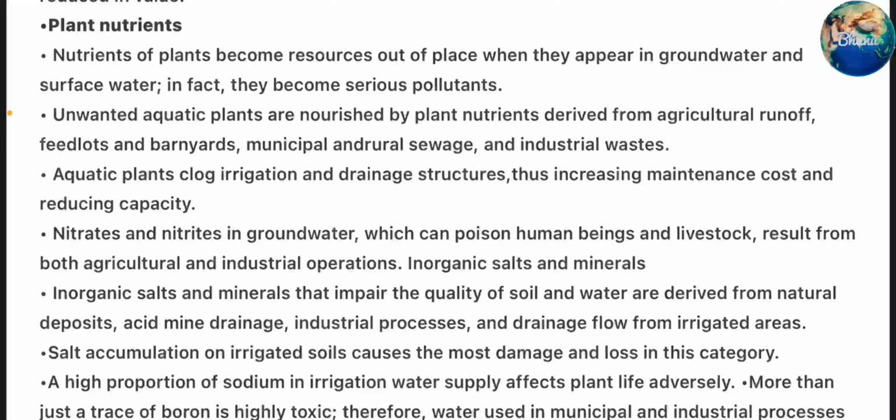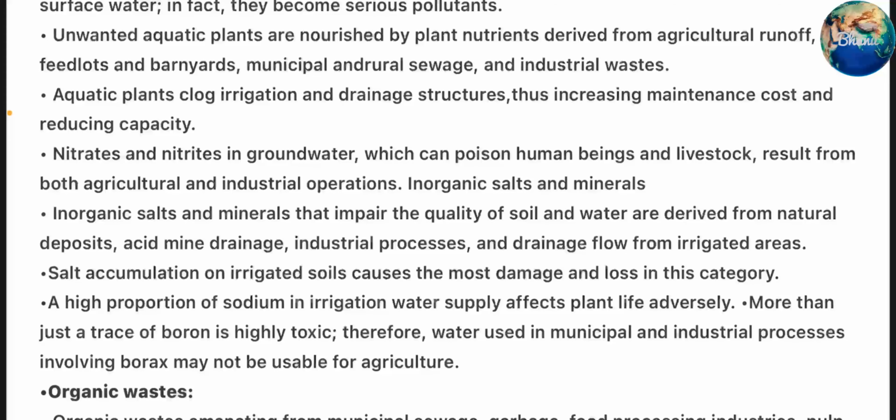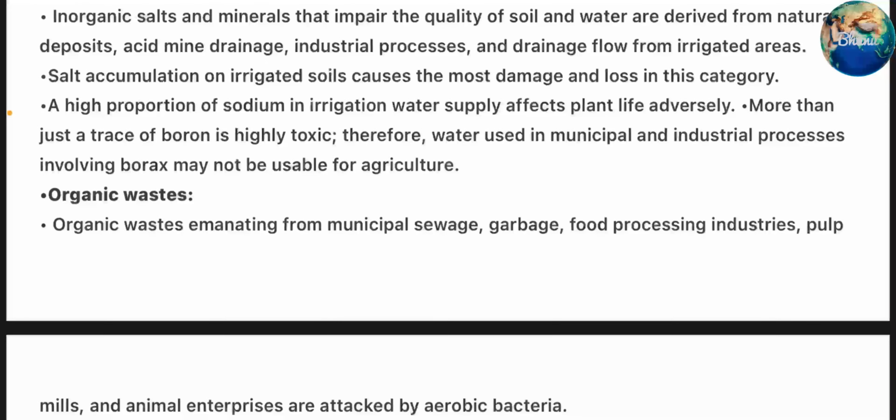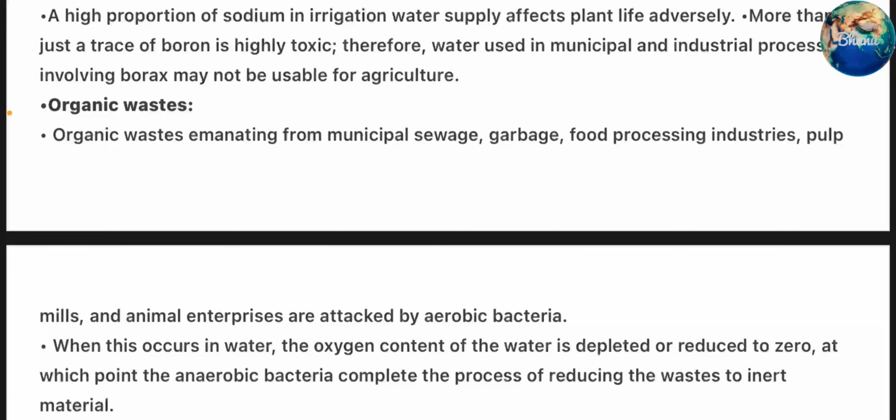A high proportion of sodium in irrigation water supply affects plant life adversely. More than just a trace of boron is highly toxic. Therefore, water used in municipal and industrial processes involving borax may not be usable for agriculture.